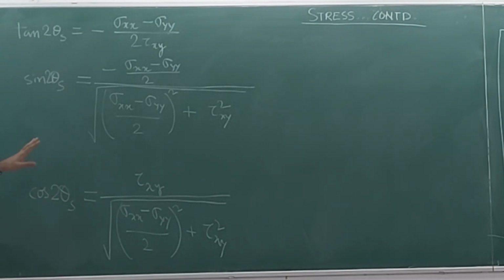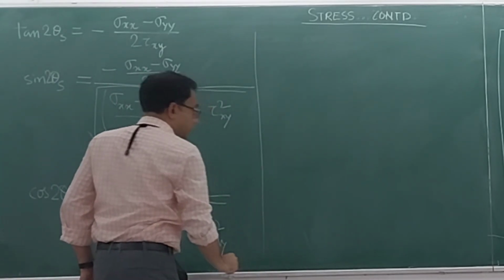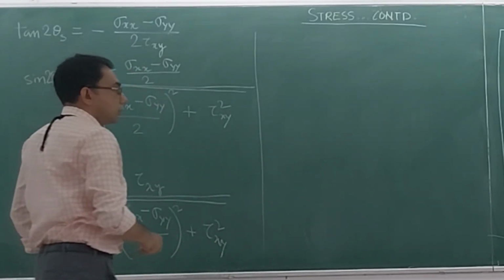It's just algebraic manipulation, okay? All right, now that we have these two things, what we can do is we can quickly substitute them in that expression of tau x dash y dash.